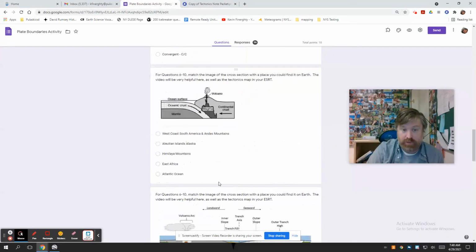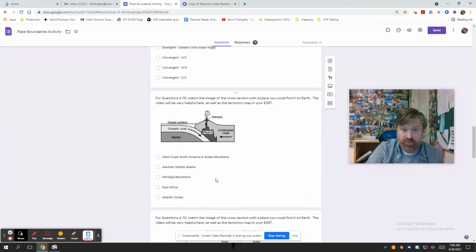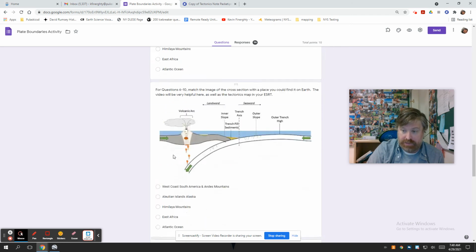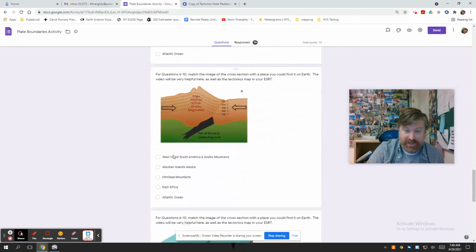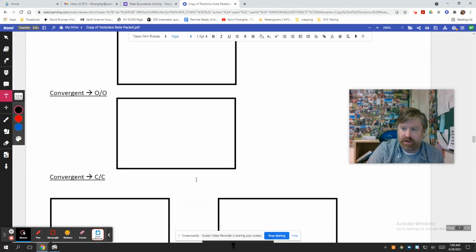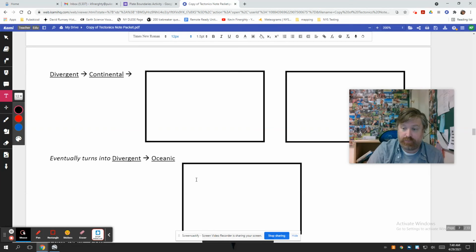There are 5 of them. That's 1 through 5. For 6 through 10, take the same 5 drawings and say, where on Earth is this something that's happening? That is a challenge. This is not easy, but if you do the notes, it's all going to be sitting right here on one page of your notes for you. That's my expectation. Do not go ahead to the quiz. It will not go well.